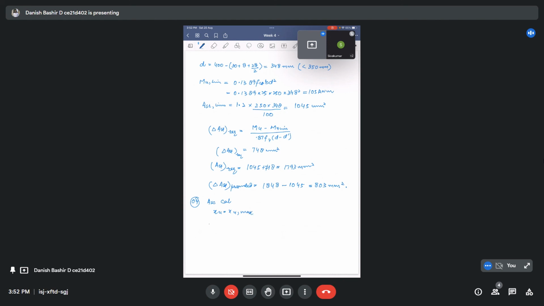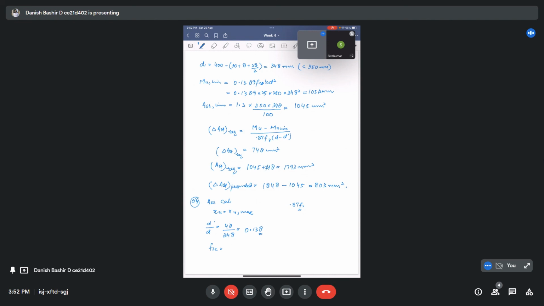And what is our D dash by D ratio? It is 48 divided by 348. It is 0.138. So corresponding FSC we can check as follows. We cannot use the 0.87 Fy definition in the compression steel as well, because we have to use it for tension steel where the steel is fully yielded.